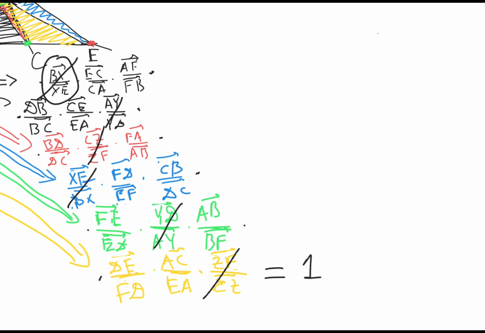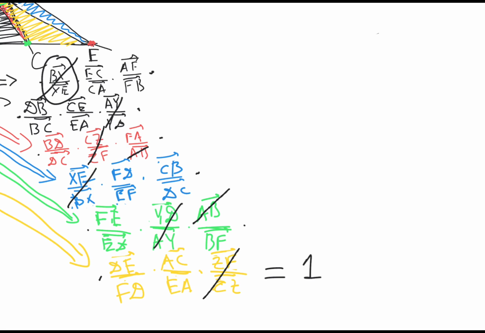Yeah. So now there are some stuff that still cancels. So AB in the numerator cancels with AB in the denominator. So for CB, okay, so we have BC here, so here we need to reverse both numerator and denominator.